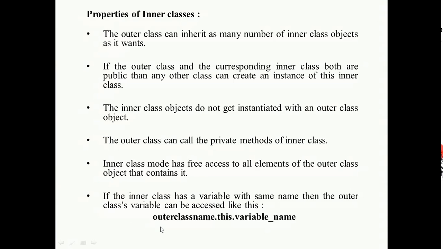The syntax is OuterClassName.this.variableName. Meaning the inner class has a variable with the same name as the outer class variable, so both variable names are the same in the two classes. At that time we use the statement OuterClassName.this.variableName. These are some properties of the inner classes.